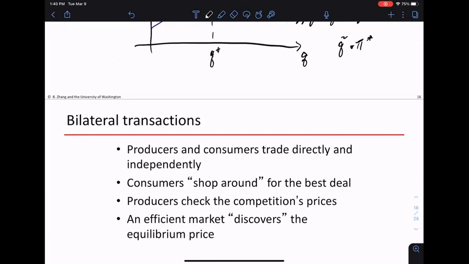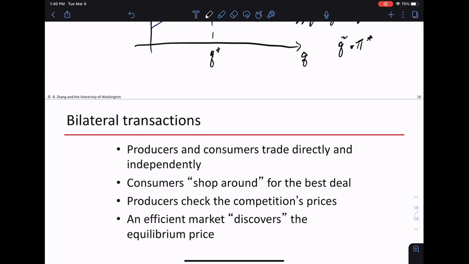If you want to buy a car, you don't go to some central operator, say this is the price you're willing to pay, and the operator gives you a car. You shop around, talk to many people, and figure out the lowest price. That intuitively is more efficient. You get a choice to shop around.